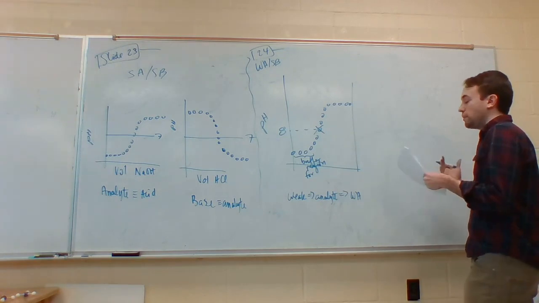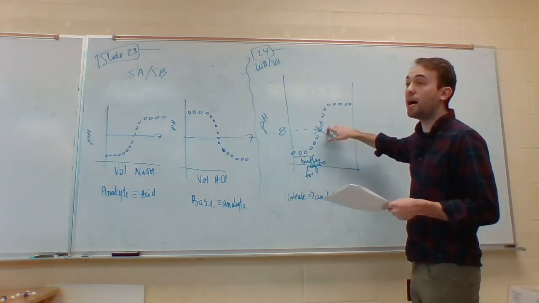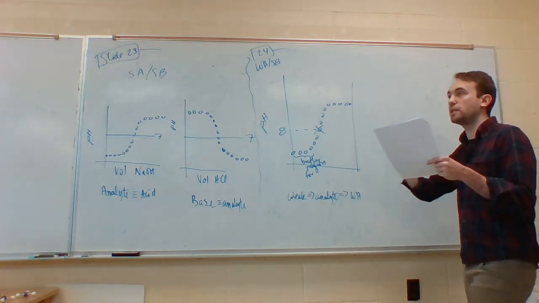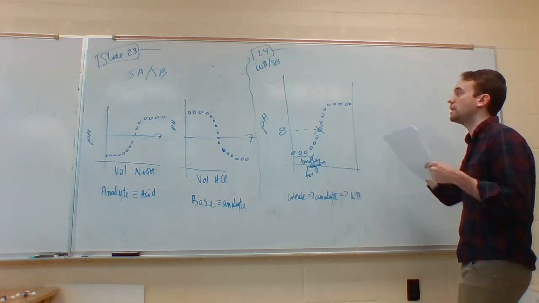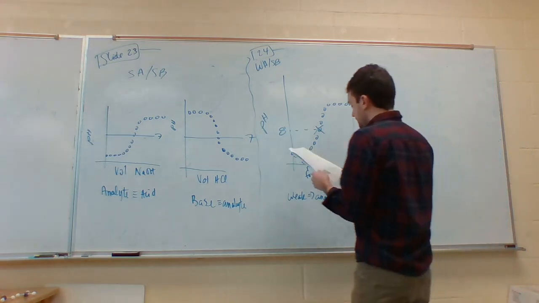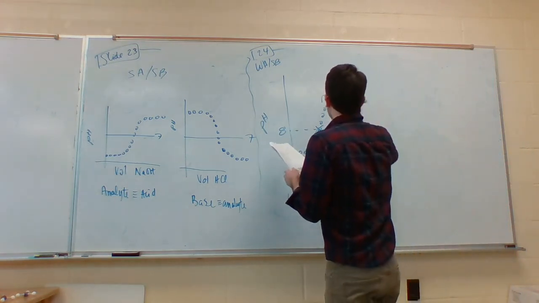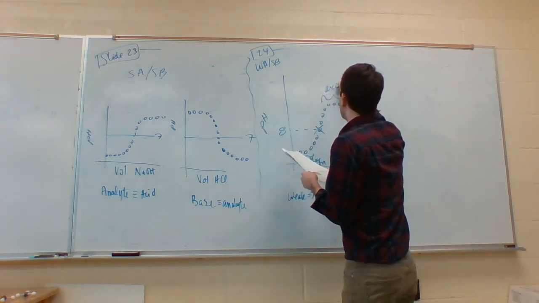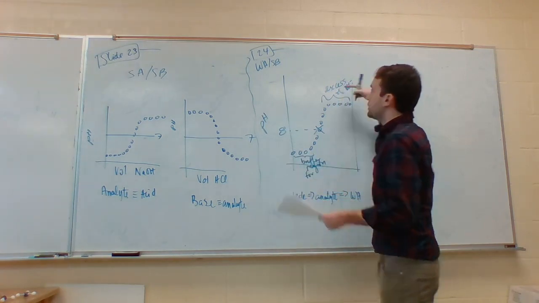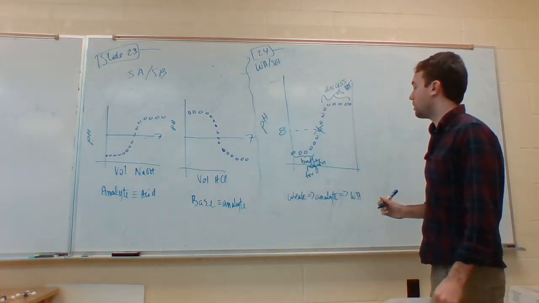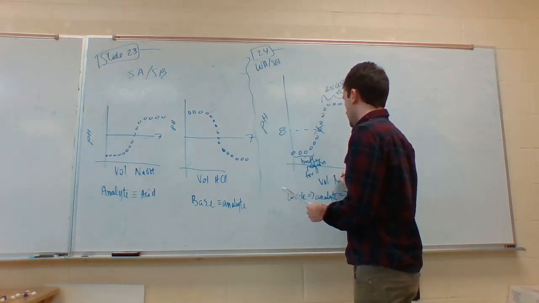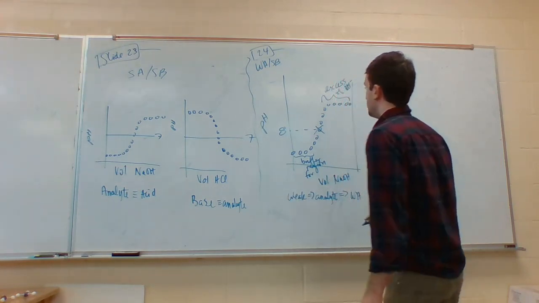And once the equilibrium happens, this will end up being a little bit higher because we're dealing with a conjugate base that's going to pull it even more basic than it was before. Then afterwards, after our equivalence point, we will have an excess of, let's say, OH minus, since we're dealing with a strong base. And I'll just say that my strong base was like my volume of sodium hydroxide added. Okay?